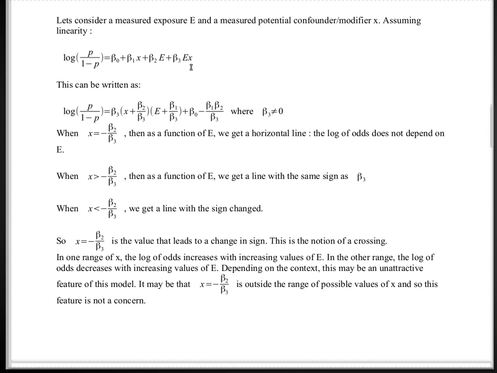You can see here that everything that I have done requires that beta 3 is not 0. So our investigation of this disease exposure relationship might begin with the study of beta 3. And if beta 3 is not 0, then we're in a position to look at a saddle and discuss crossings.